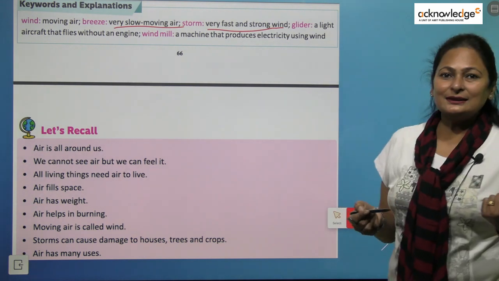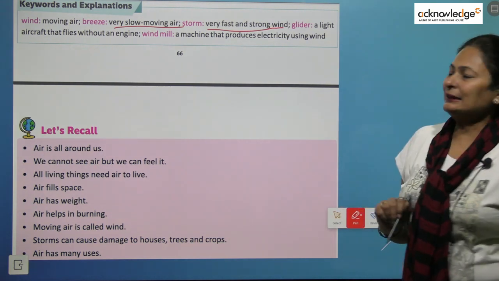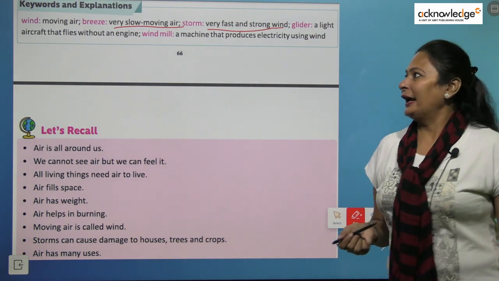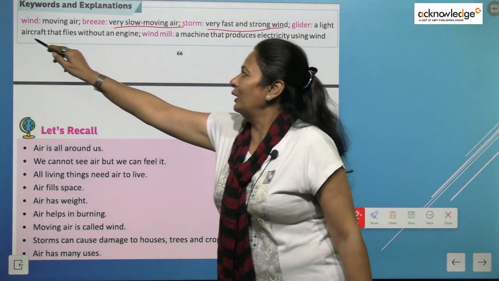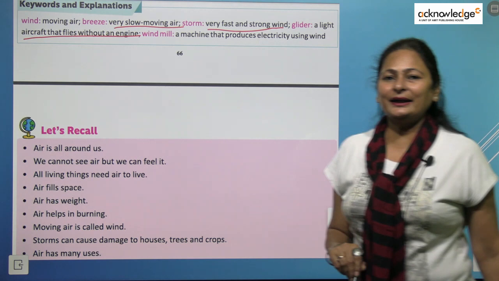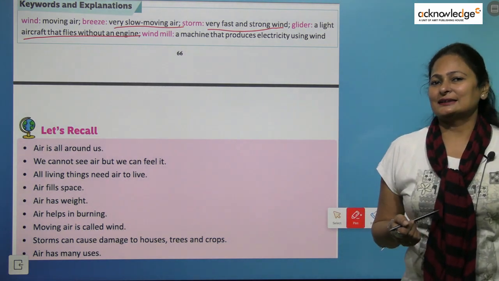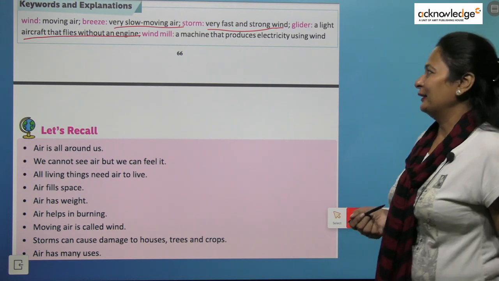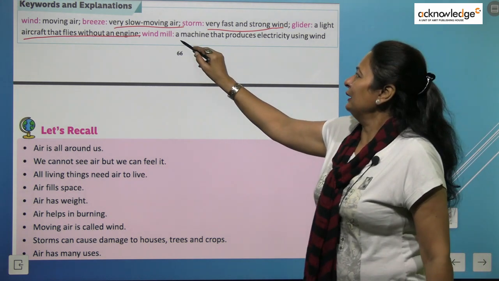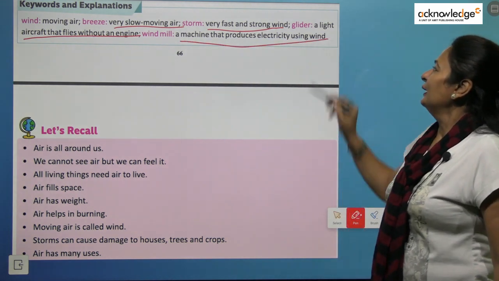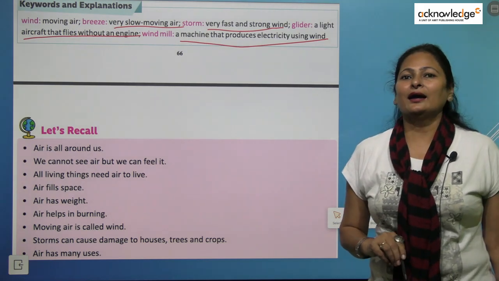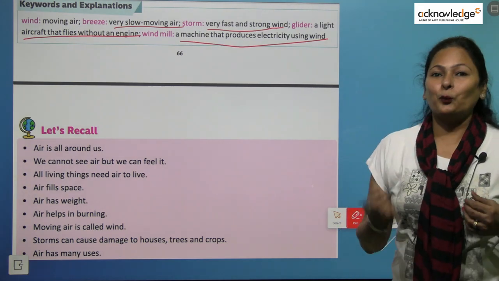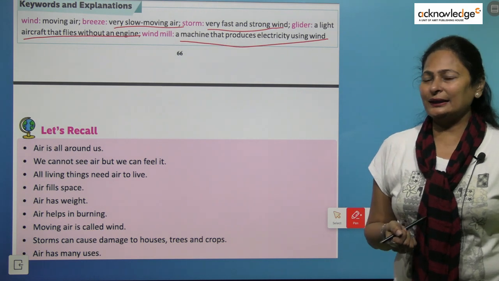And the glider, a light aircraft that flies without an engine, flies with the help of air. Now, a windmill is a machine that produces electricity using wind. Alright, got it kids?